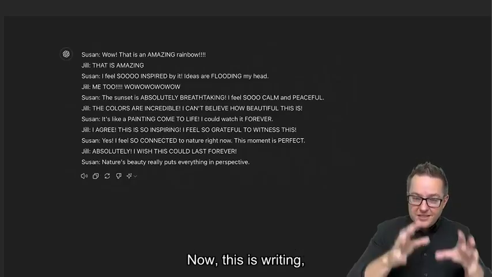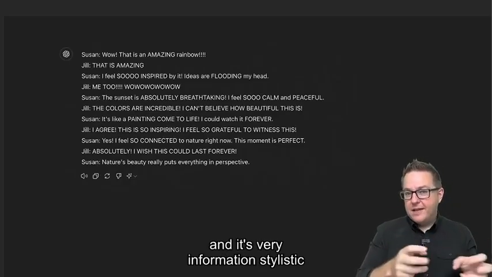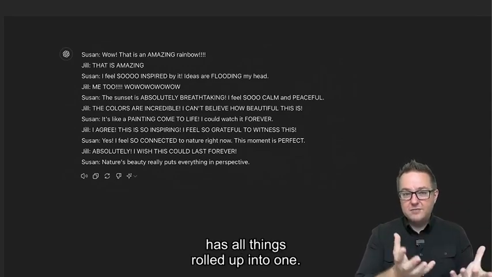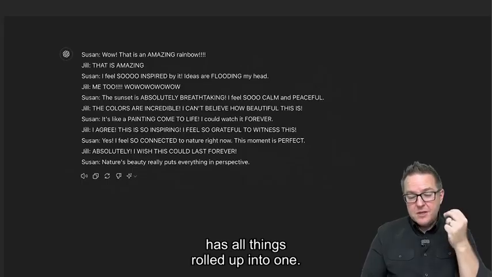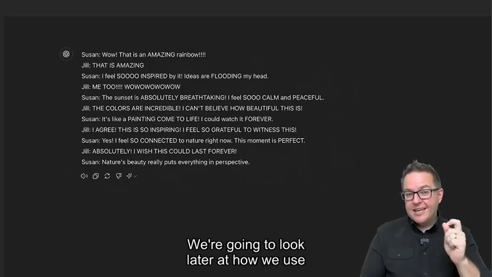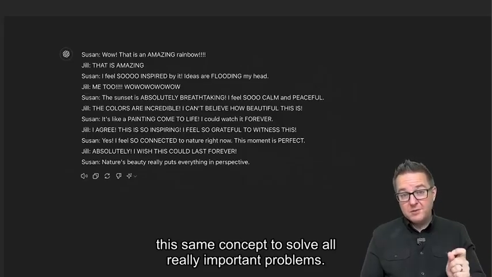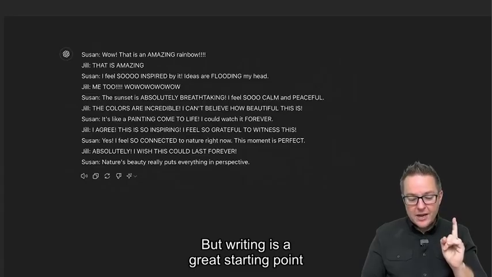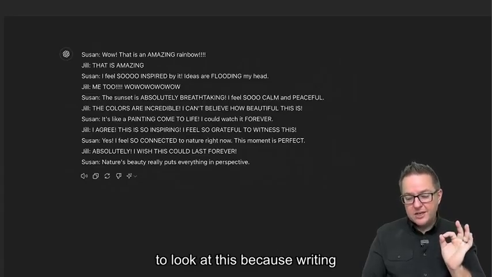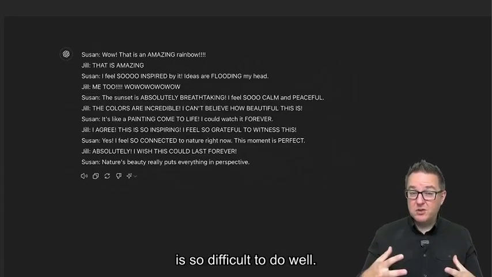Now, this is writing, and it's very stylistic, with all kinds of things rolled up into one. We're going to look later at how we use this same concept to solve all kinds of really important problems. But writing is a great starting point because writing is so difficult to do well.